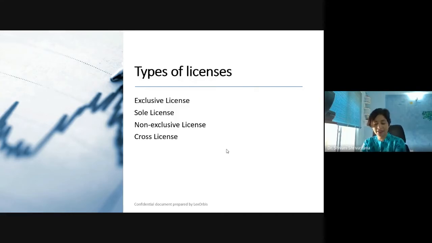In practice, the exclusive license can be a sole license depending on the terms and conditions. So if we are giving an exclusive license to an organization and we are writing one clause which says that the licensor or the technology owner can also use the technology, in that case, it will be called a sole license.